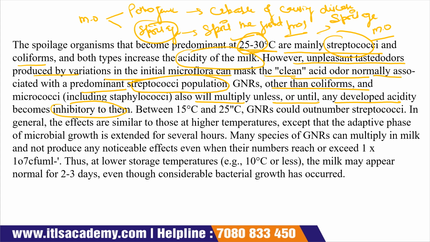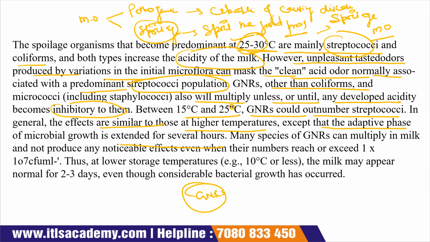Okay, between 15 to 25 degrees Celsius, GNRs could outnumber streptococci. In general, the effects are similar to those at higher temperature, except that the adaptive phase of microbial growth is extended for several hours. Many species of GNRs can multiply in milk and not produce any noticeable effect until their number reaches or exceeds 1x. Okay, see, there are many species of the GNRs.